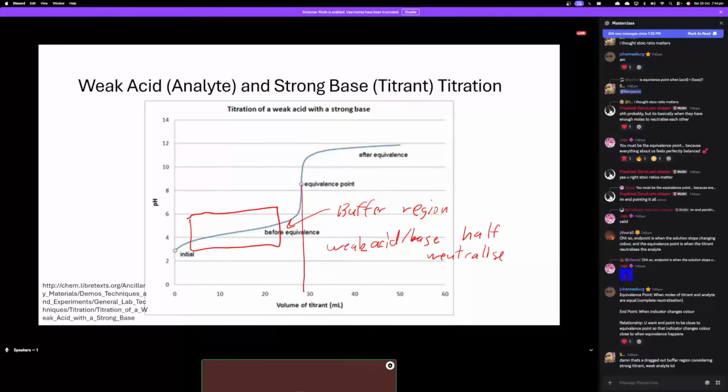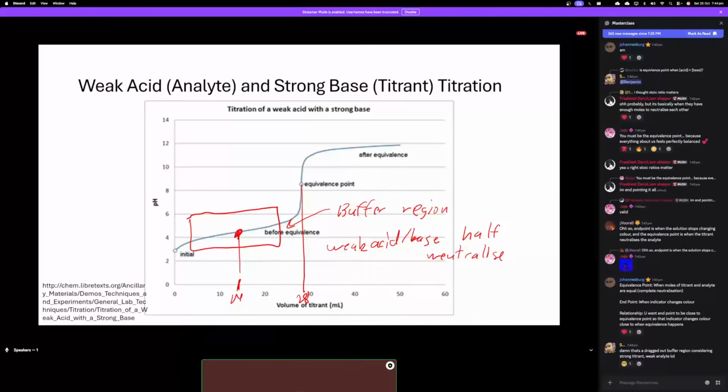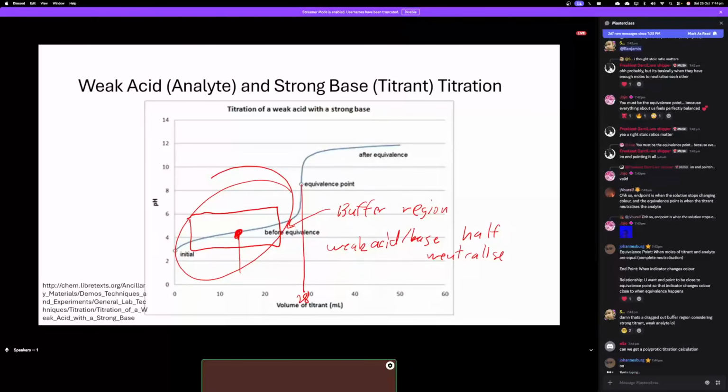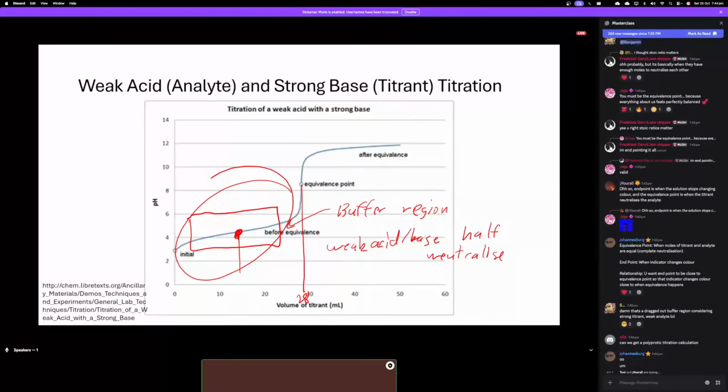So if this was like 28, then at 14, for example, it's half neutralized. And my point is that this is a buffer region and it resists a change in pH. I don't have a polyprotic titration calculation here, but I can find one later, or if someone else has one, you can send it in the chat.